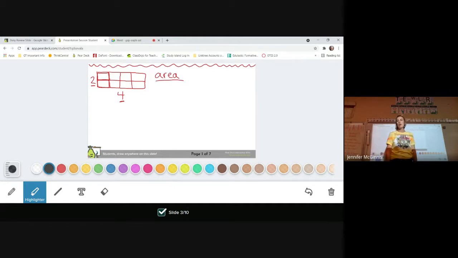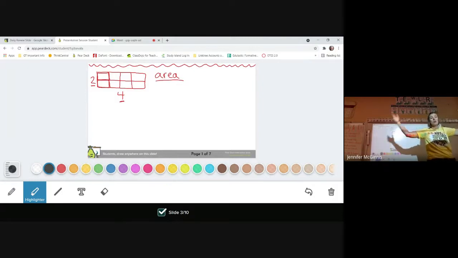Think about when you put a rug down. There are things called area rugs. They're really big rugs that go inside a whole room, almost filling this entire room. It covers a lot of area, right?